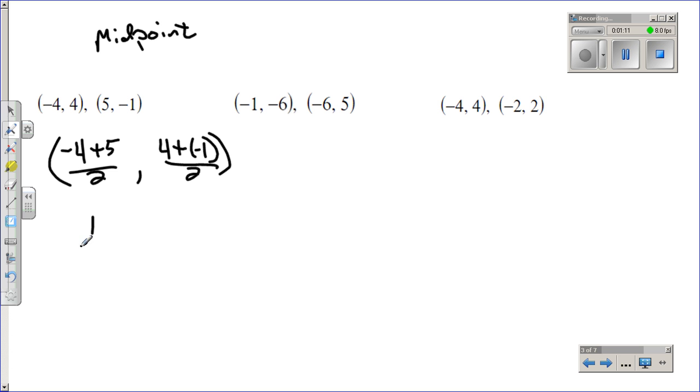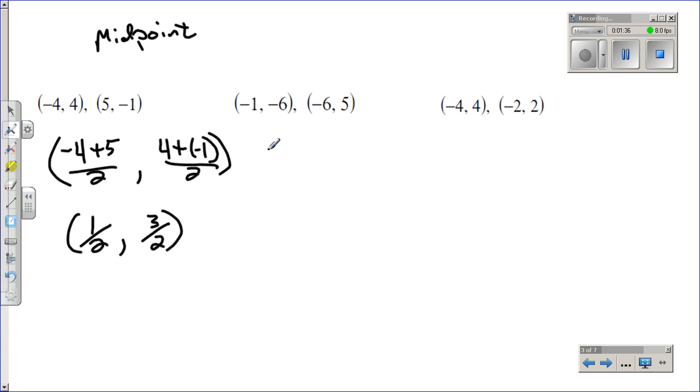And we can leave our number as a fraction. 4 plus -1 is 3. So we'll just leave this as a fraction as well. 3 over 2. And that would be the midpoint of, if this was a line segment, this is where the middle would be, the midpoint.